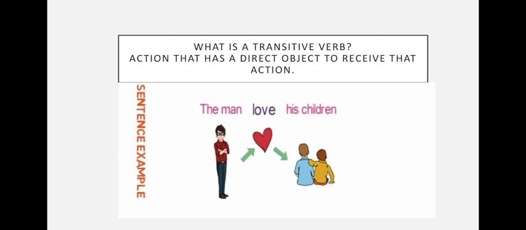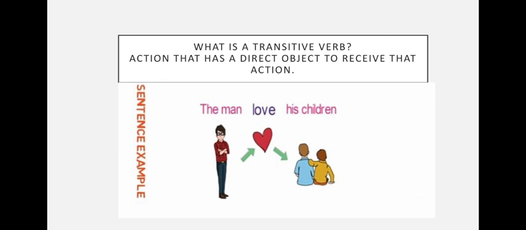The man is doing the action, right? So the man becomes the subject and love becomes the verb. And who is receiving the action love? The action is directly received. There is nobody else but only the children. So the action is directly received by the children, which becomes the direct object. Remember, the object means the person or thing which received the action. So it is a transitive verb.